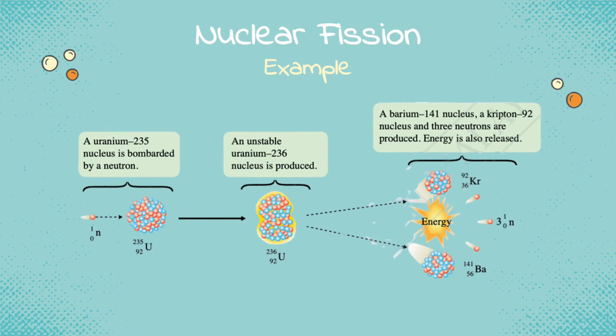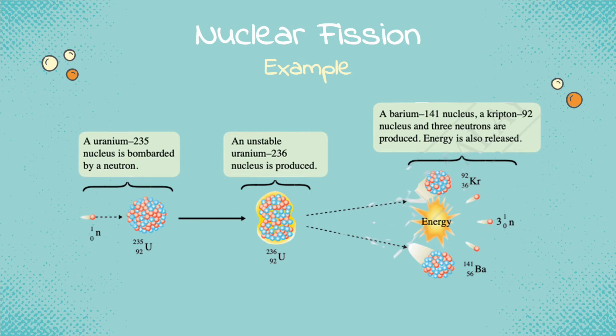First, there will be a uranium-235 and a neutron. A uranium-235 nucleus is bombarded by a neutron, then it will produce an unstable uranium-236. Remember, nucleus needs to be in stable state.